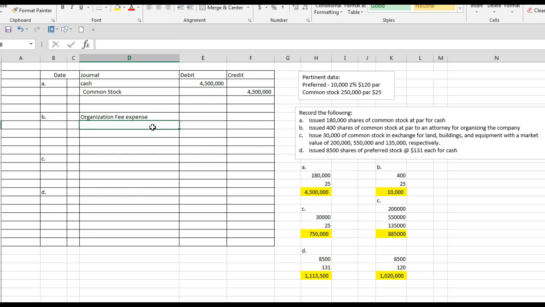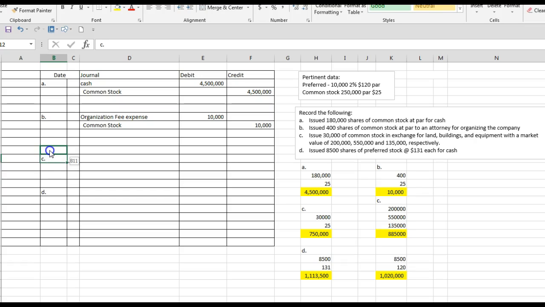And we're going to increase common stock. And how many did we? 400 shares. So, without any further information, I'd say it was 400 shares at par, and it was worth $10,000. So now we have the same entry as above, except instead of cash, we are exchanging services.